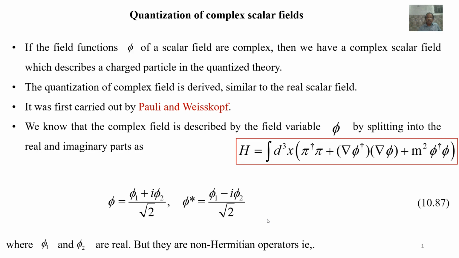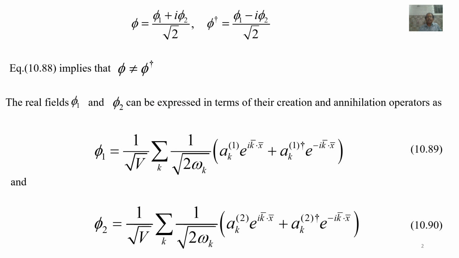But they are not Hermitian operators. Look at phi and phi star. Usually, operators will be denoted by phi dagger. So something like this. You see, you have (phi1 plus i phi2) divided by root 2 and phi dagger.